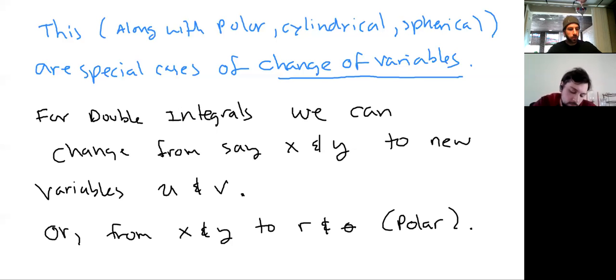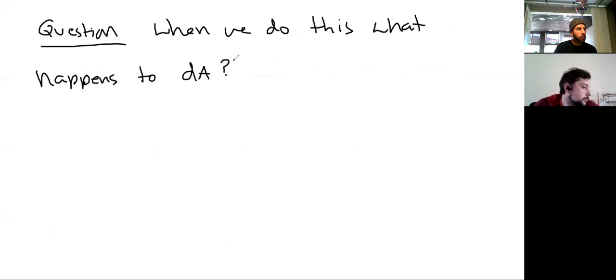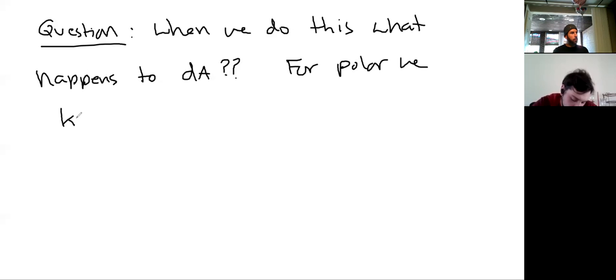So the big question is, just like with polar, when we do this, what happens to dA? For polar, we know dA equals r dr d theta.